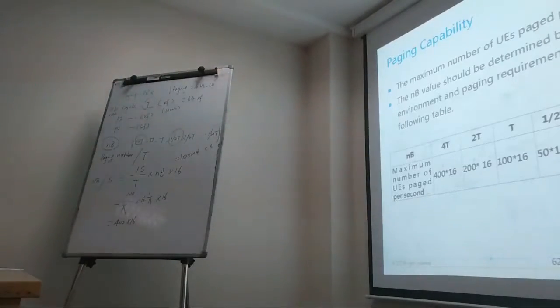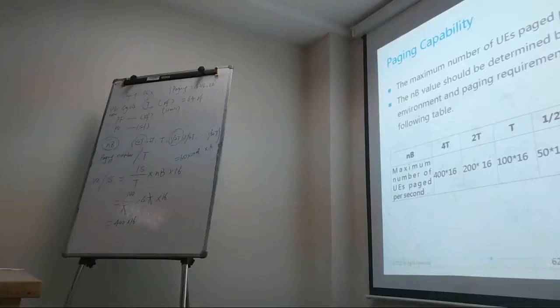So if the TA is very large, that means the node B will receive many pages, because maybe that UE is not under this node B, but the system doesn't know. It also will receive the paging and transmit it.